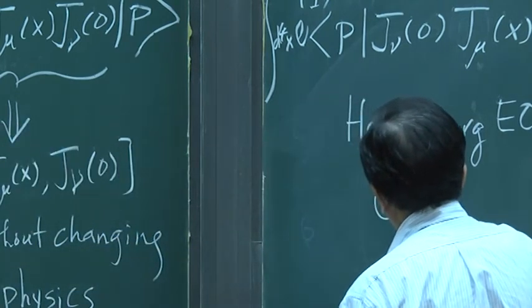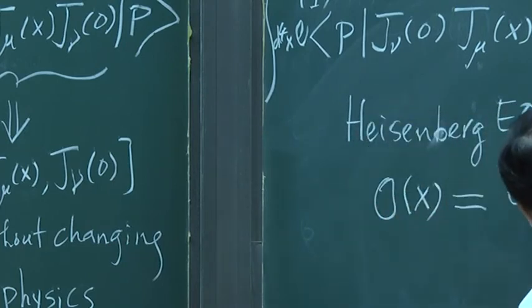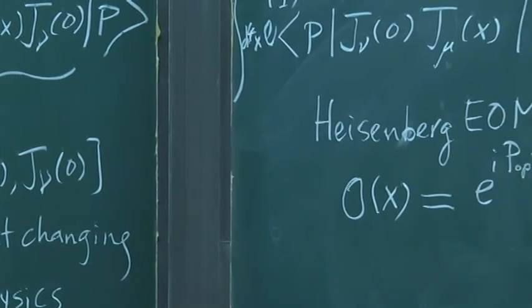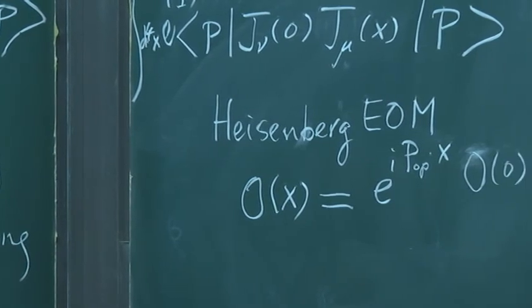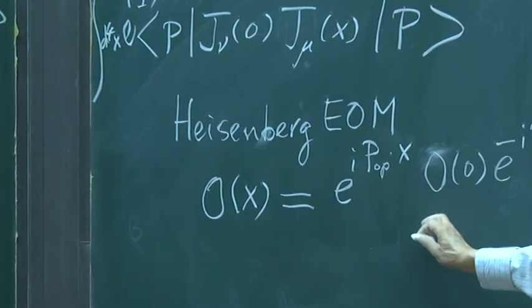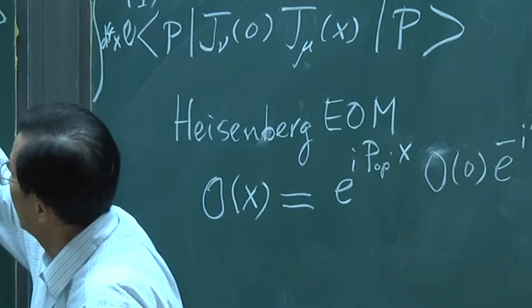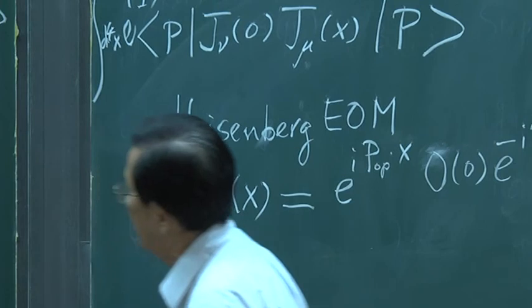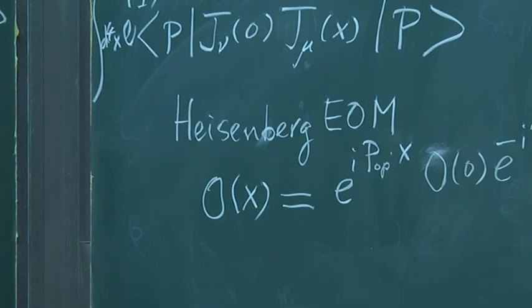If you have a local operator at point x, you can write it as e^{iP·x} O(0) e^{-iP·x}, where P is the total momentum operator. In fact, we used the relations before to get this form, but since I did not do the detailed derivation, I did not show you. Now I will show it to you like this, okay?